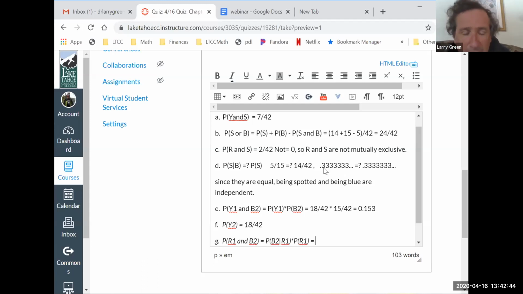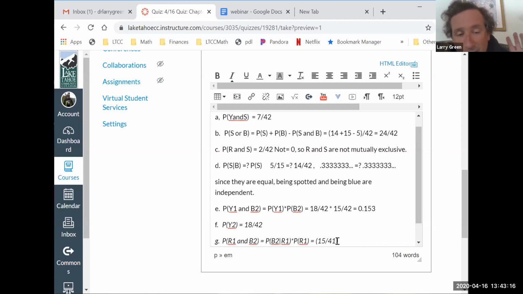Okay, what's the probability the second is blue if you know the first was red? So that's going to be 15 out of 41. So unlike part F, in part G, we're given knowledge about the first one, whereas in part F, there's no given.